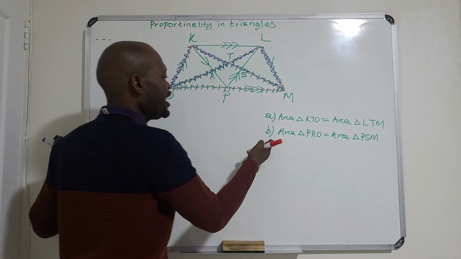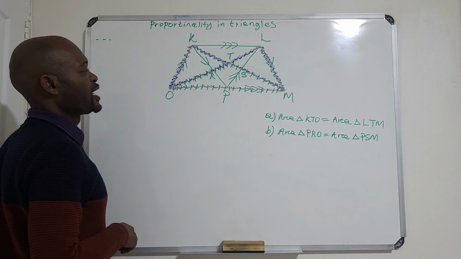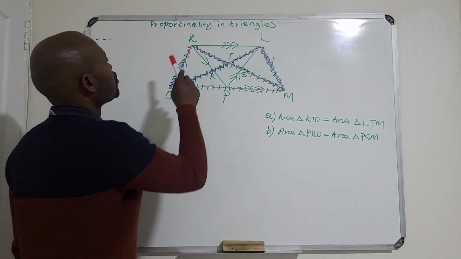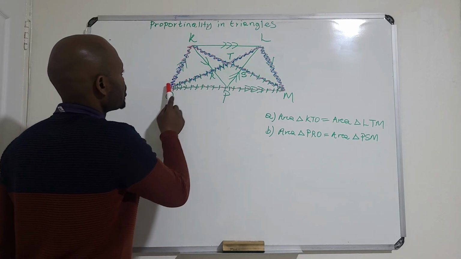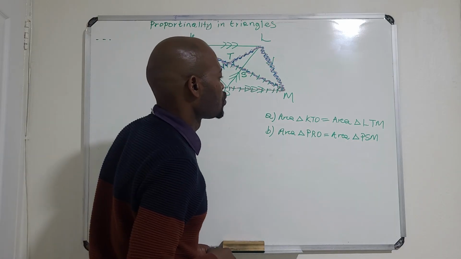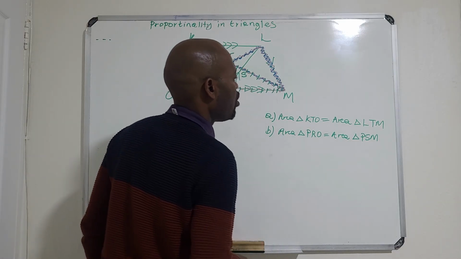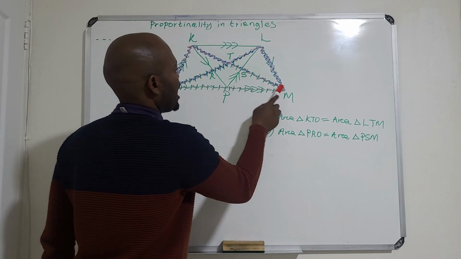Now, for B, we want to prove that the area of triangle PRO, the area of this triangle, is equal to the area of this triangle, which is PSM.